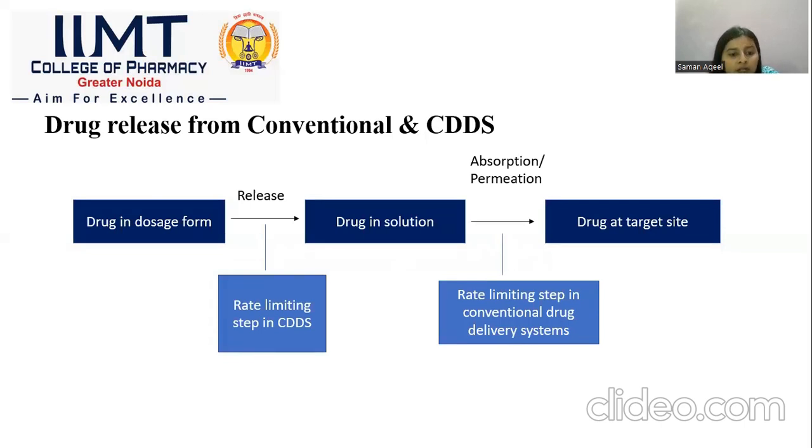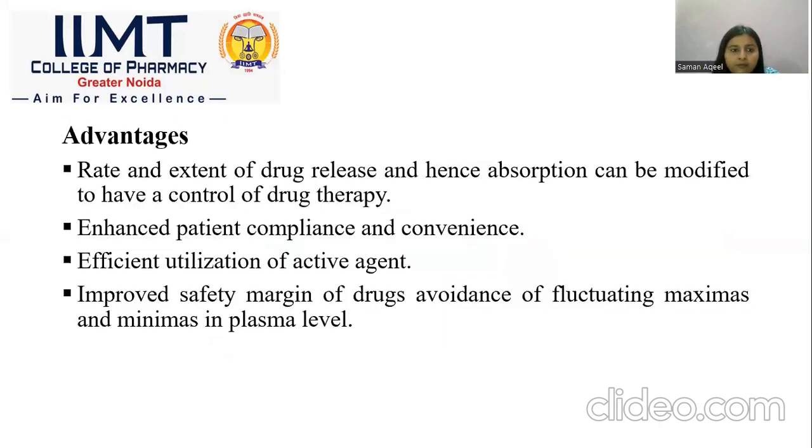Now, in the controlled drug delivery system, the rate limiting step is the release of the drug from the dosage form. But in the conventional drug delivery system, the rate limiting step is the absorption or the permeation, that is, after the drug is available in the solution form, how the drug is absorbed or permeated to the targeted site.